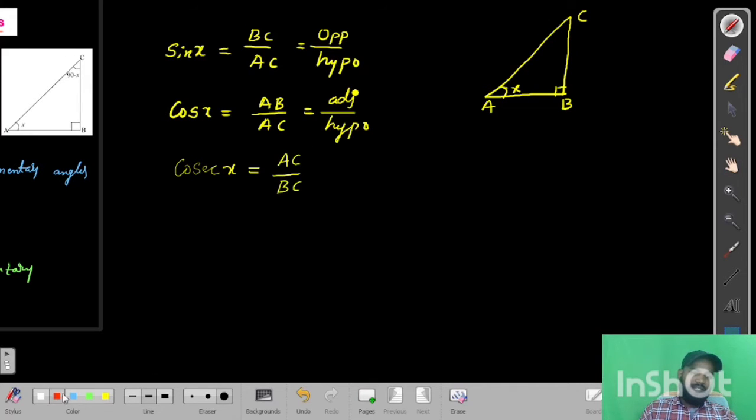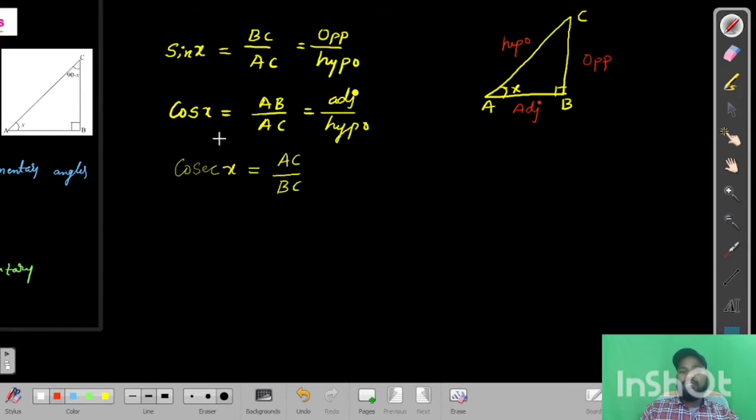So I will write, if you are confusing, this is hypotenuse and this is adjacent, and this is, sorry, this is opposite. This is adjacent.